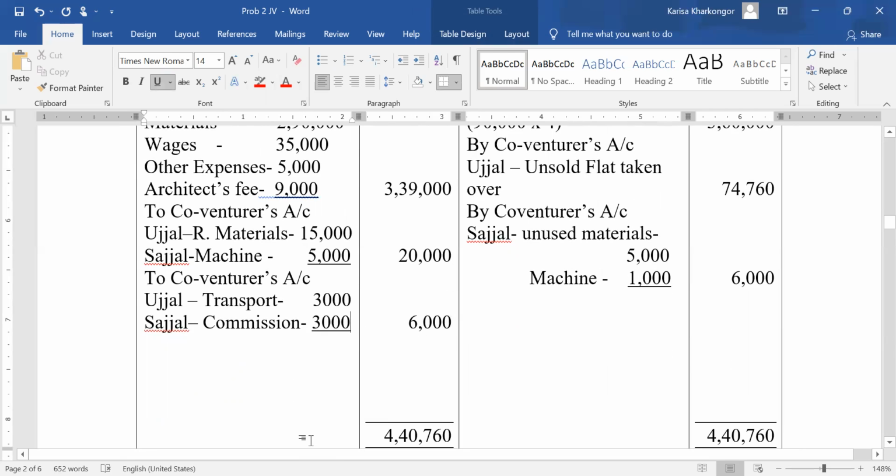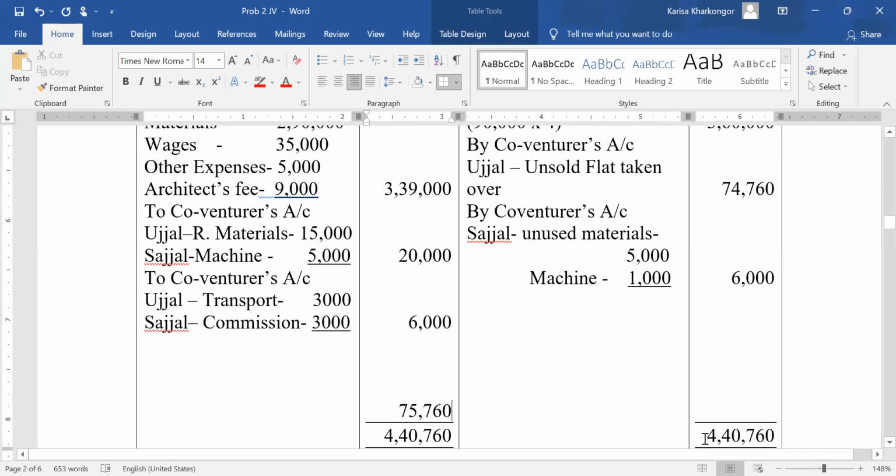From the total, we will deduct the total of the debit side, which will give us a profit of 75,760.